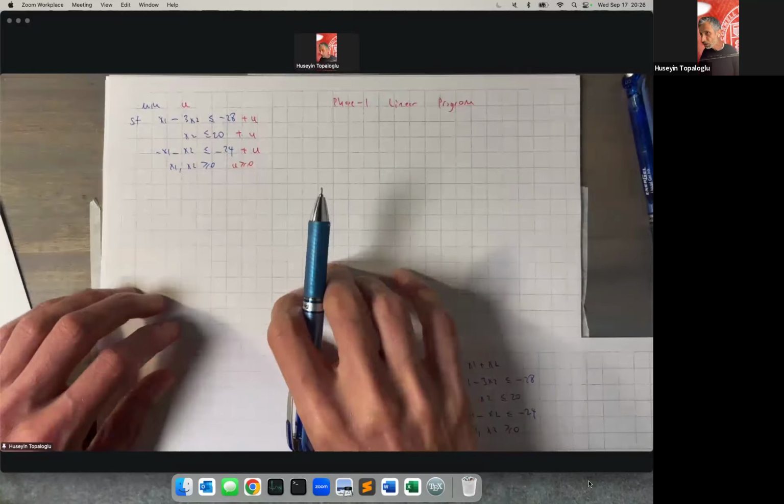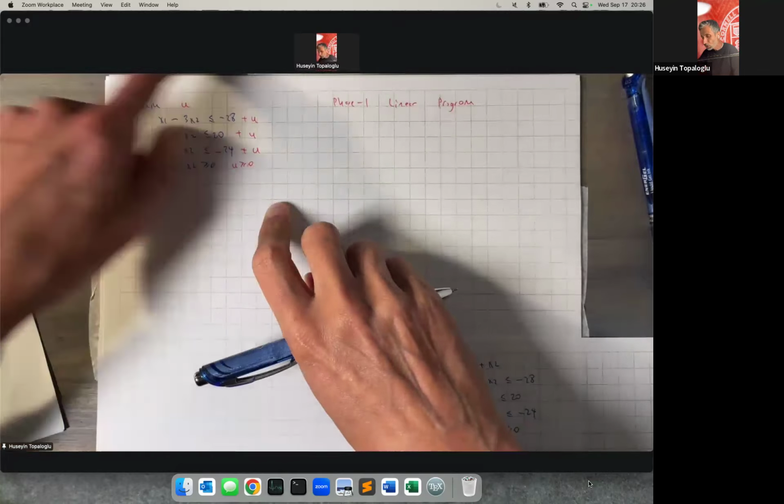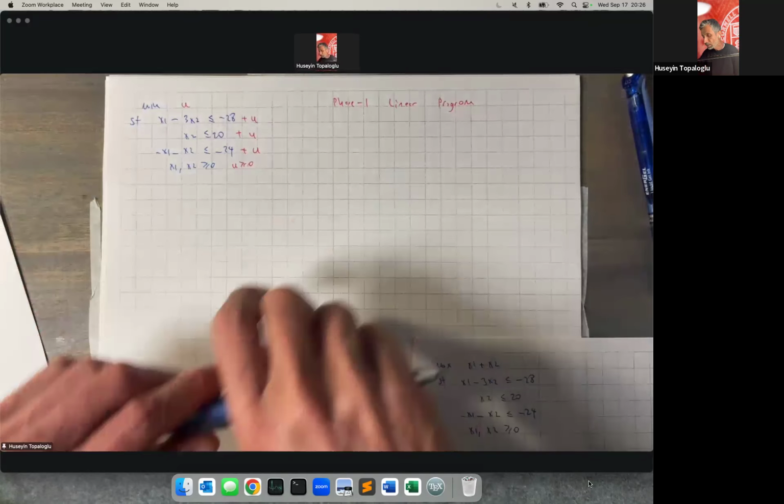Okay, so now let's try to write down and solidify the observations that we made. The first one is, this phase-1 linear program is always feasible. There is no question of feasibility of the phase-1 linear program. Why is that?